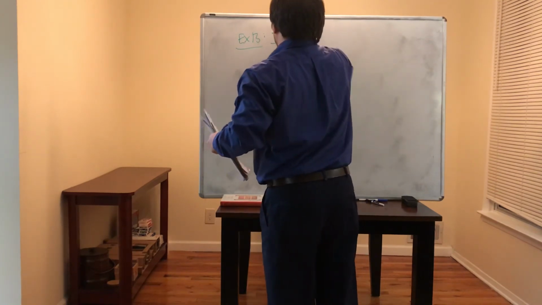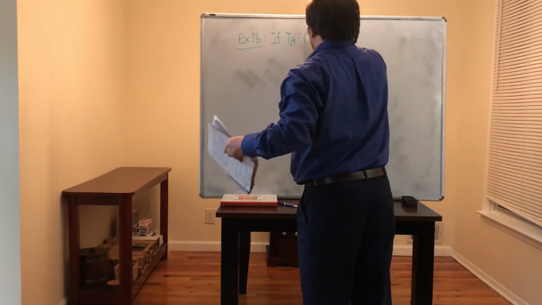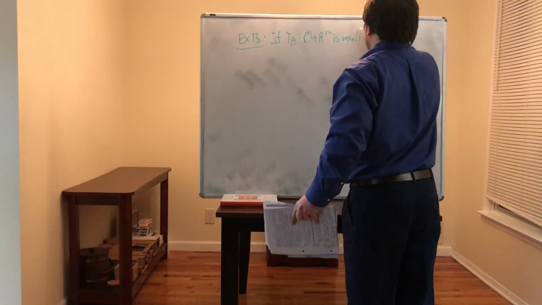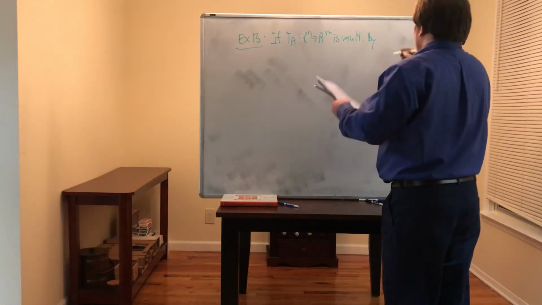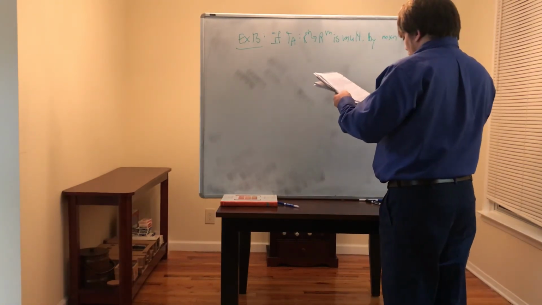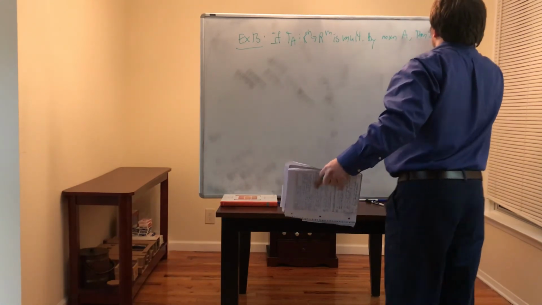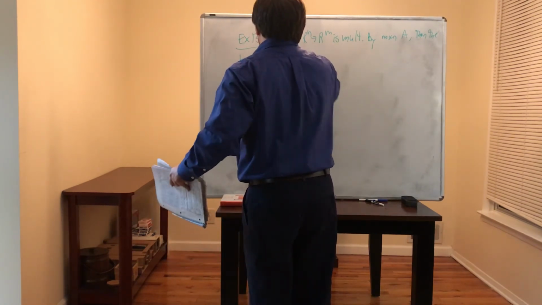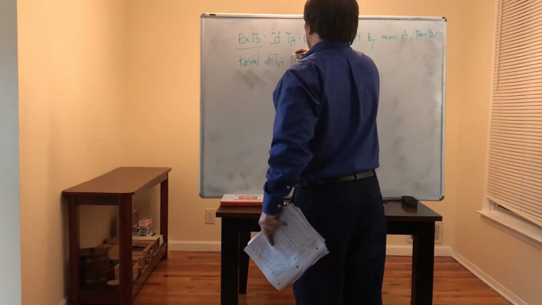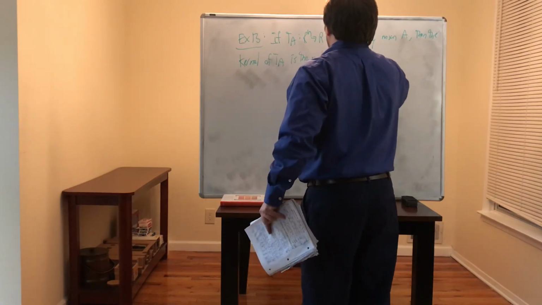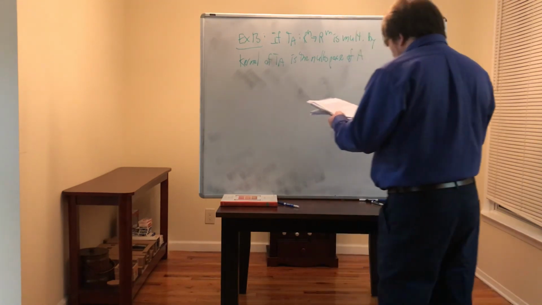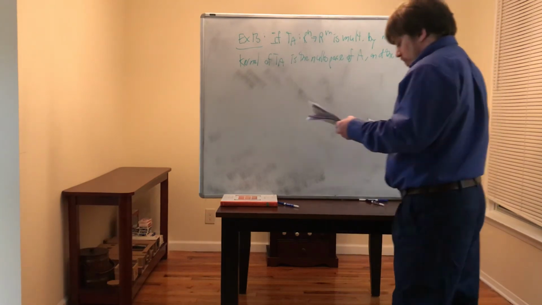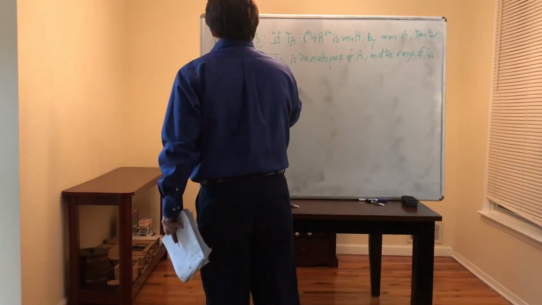If T sub A from Rn to Rm is left multiplication by an m by n matrix capital A, then the kernel of T sub A is the null space of A, and the range of T sub A is the column space of A.